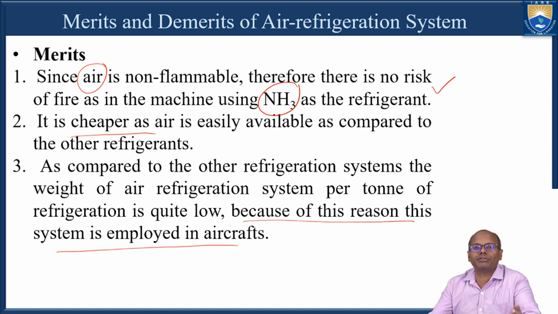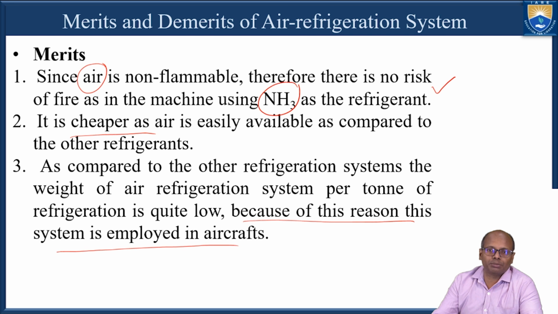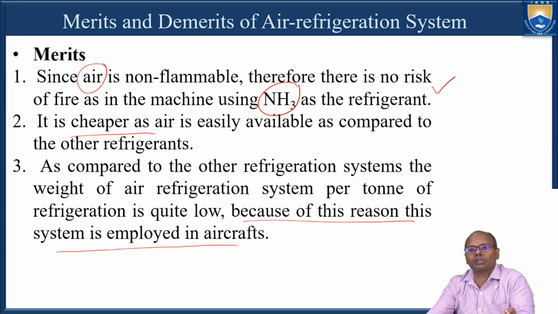So in aircraft, if you see, the COP is not important. Okay, there the weight of the refrigerant is important. So the air is abundantly available if the aircraft goes in the upper atmosphere also. What happens is we can use an open cycle reversed Brayton cycle, and we can take air from the atmosphere and reject air into the atmosphere.